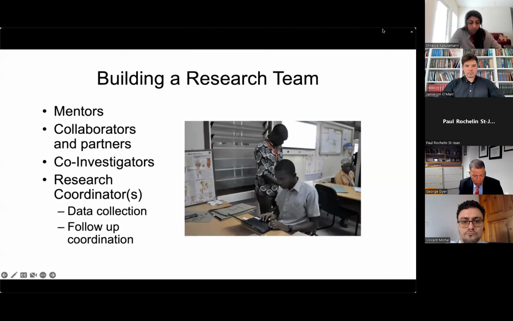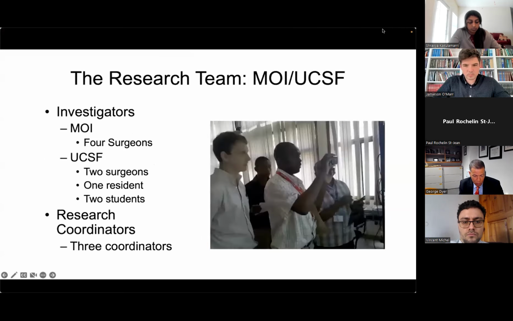This is a research team that we built at the Muhimbili Orthopaedic Institute in Dar es Salaam, Tanzania. We had a group of 4 surgeons that were involved. We had 2 surgeons from UCSF, a resident, and several students that were able to spend time visiting MOI.